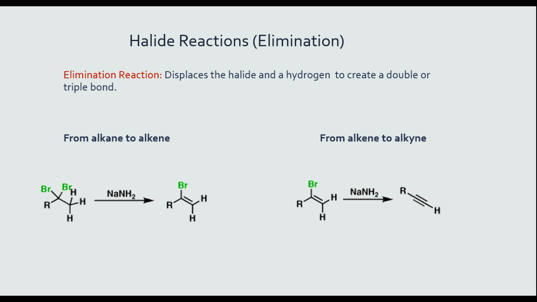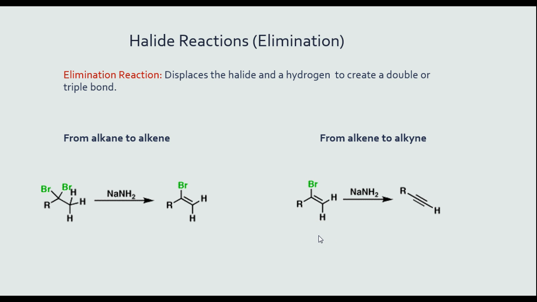Our second halide reaction is an elimination reaction, where a bromo, or the halogen, gets displaced, and a hydrogen as well gets displaced to create a double bond or a triple bond. If we take a look from alkane to alkene, one of these bromos is going to pop off, that bond is going to come in, and a hydrogen is going to go into solution to get your end product looking like this.